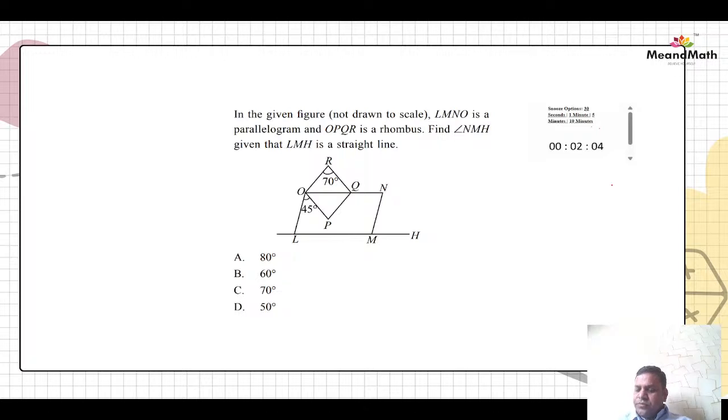Has anyone given the answer in the chat box? No one?